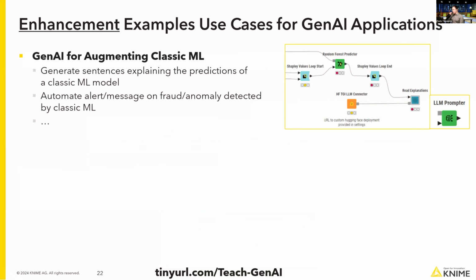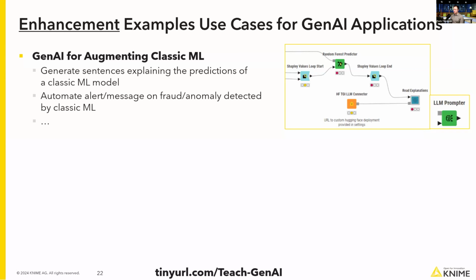So for example, in classic ML, you can generate explanations. We have many machine learning interpretability nodes, basically XAI nodes. And you can use the LLM Prompter to translate those predictions, those explanations, into sentences that explain why that prediction was predicted that way by the classic machine learning model.